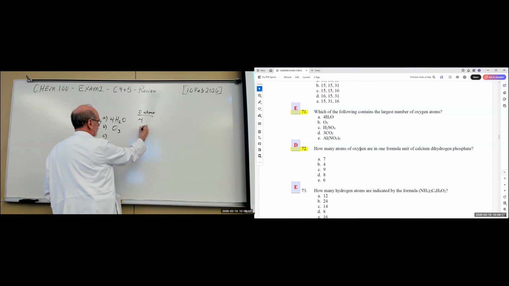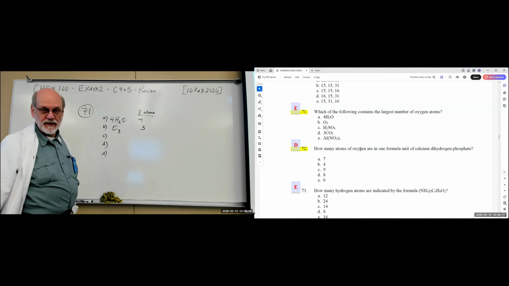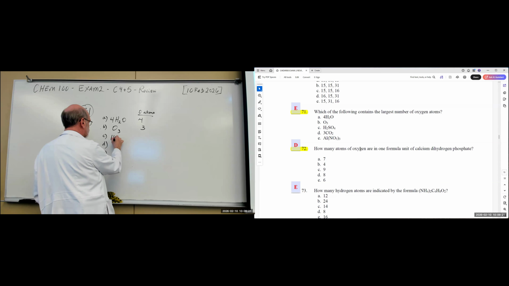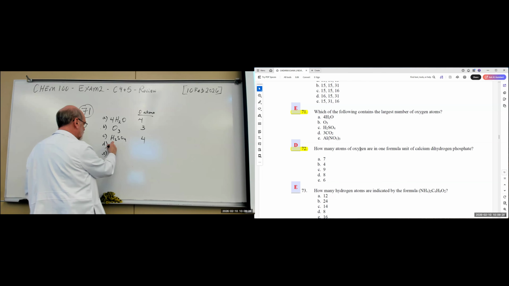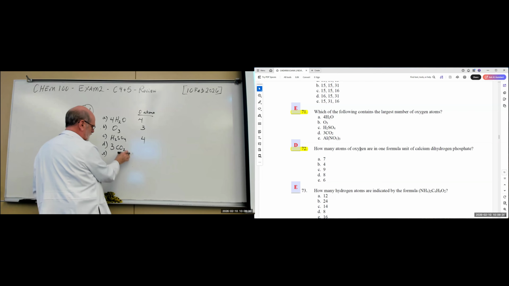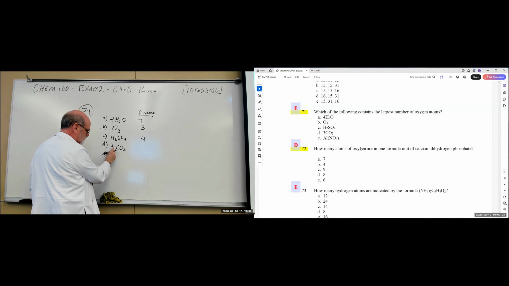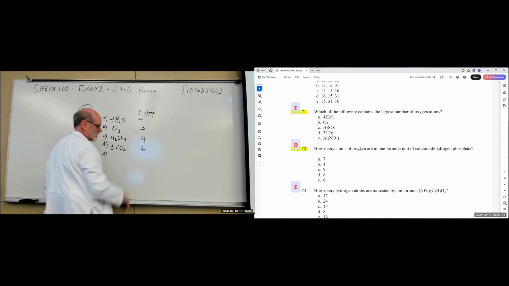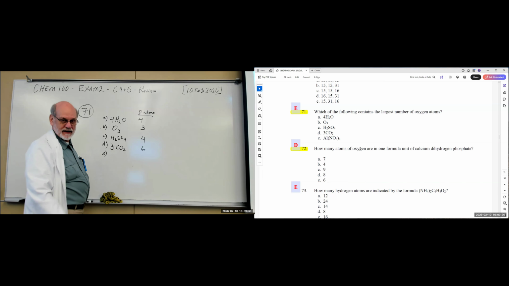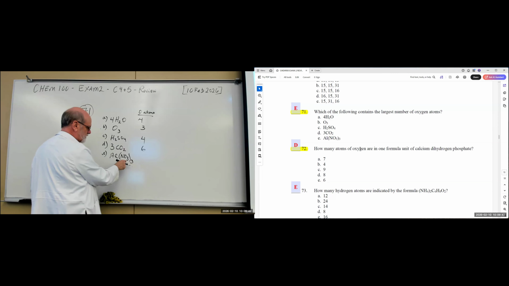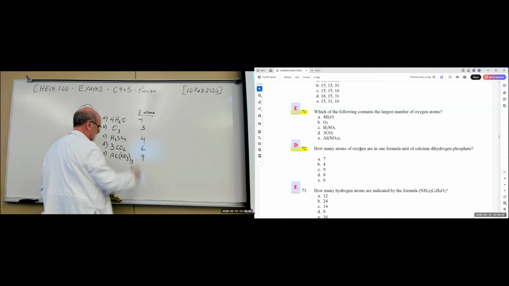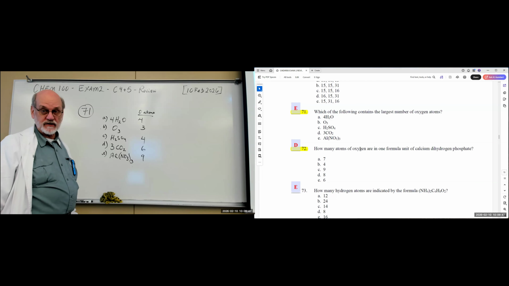O3, that's just 3. How about H2SO4? H2SO4 is 4. And 3 CO2s, 2 per molecule times 3 molecules is 6. And AlNO3 taken 3 times. AlNO3, 3 times 3 times 3 is 9. So there's your answer. That's the most.